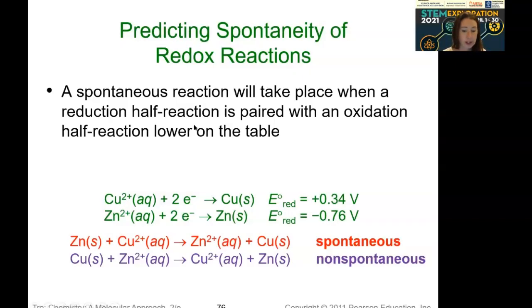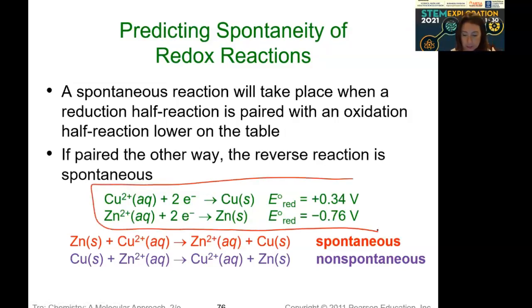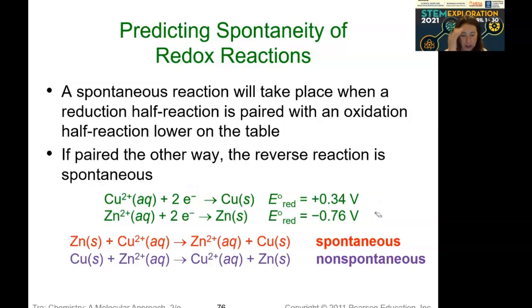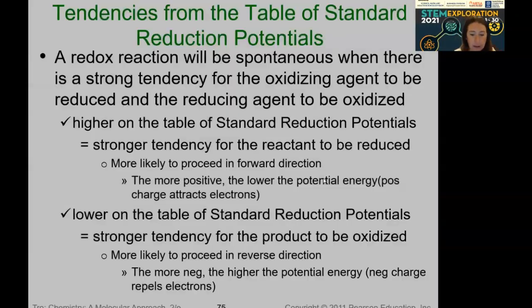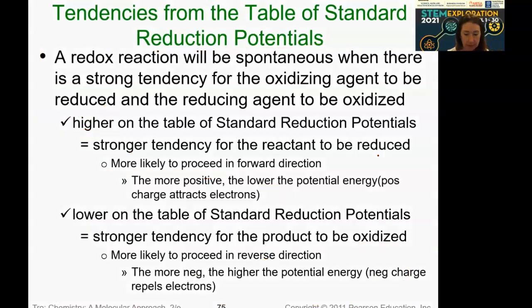So now, how do we predict which way the reactions will go? Let's say you have a cell, and the cell that we've been looking at has this in it. And we have two reduction potentials. How do we know who's going to be oxidized and who's going to be reduced? So how to make it spontaneous or non-spontaneous. If we look, this one is negative and this one's positive.